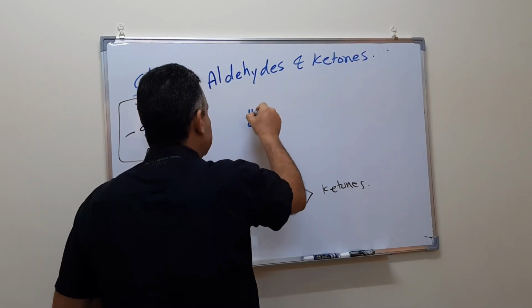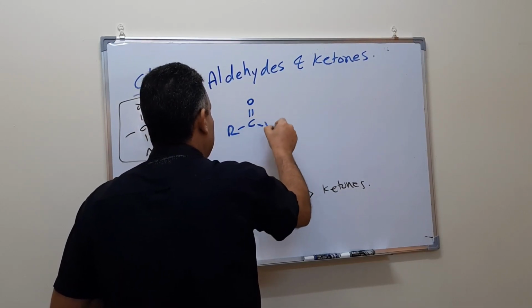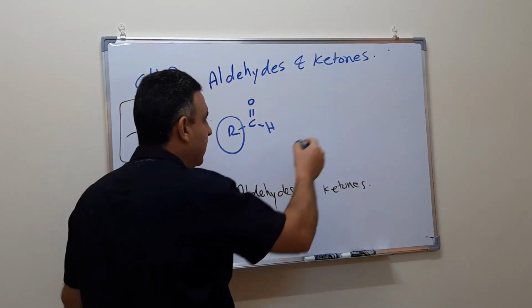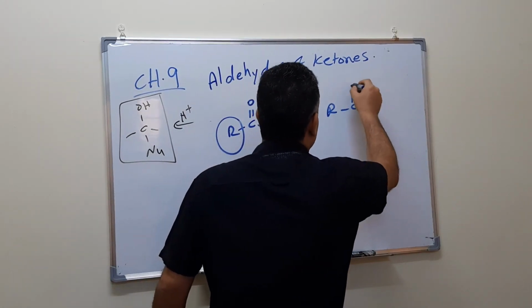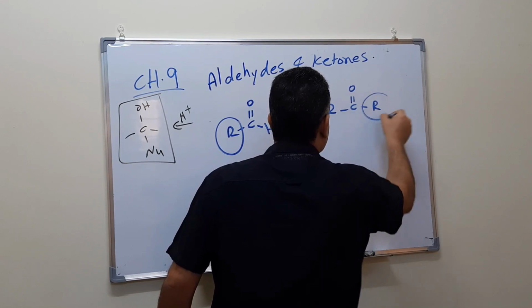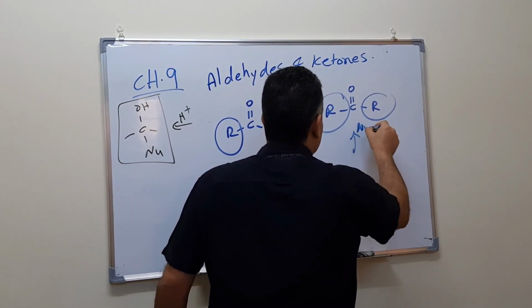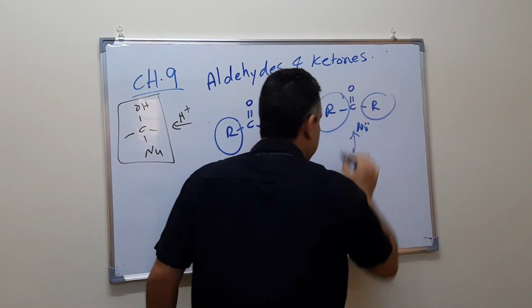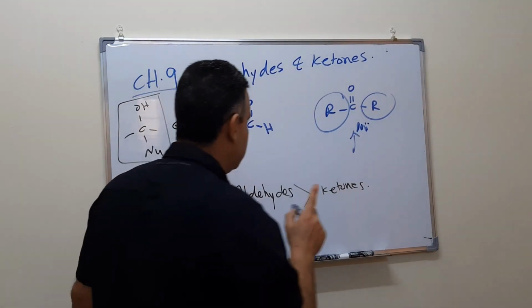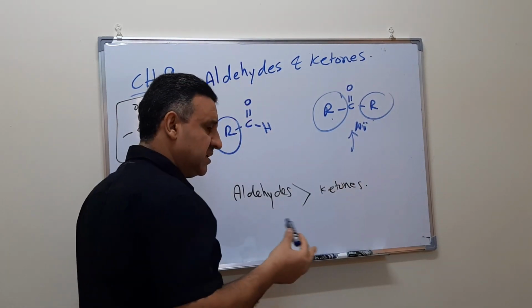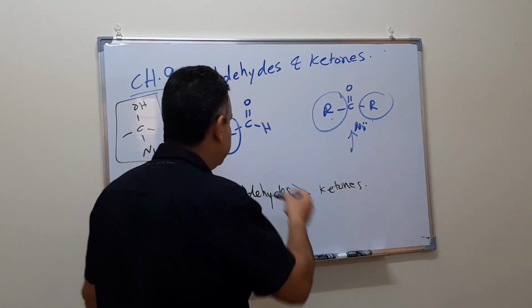The aldehyde is attached to one bulky group, while the ketone carbonyl carbon is attached to two bulky groups, which will hinder the nucleophile from attacking the carbon of the carbonyl. So the first reason is that the ketone has a higher steric effect compared to the aldehyde.